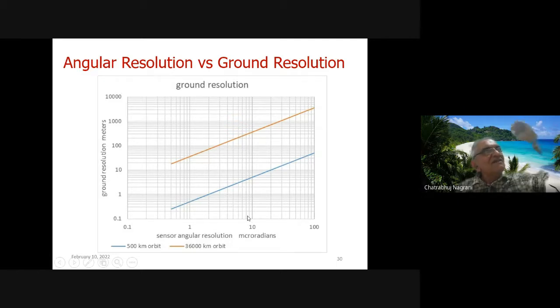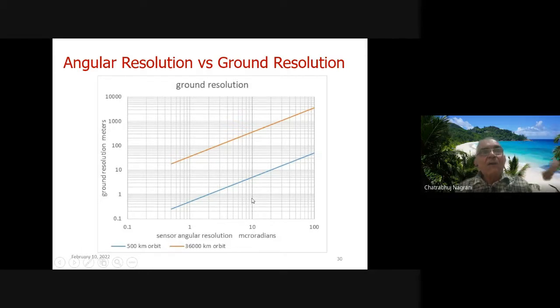One is at 36,000 kilometers, the other is at 500 or 600 kilometers. At 500 kilometers, 1 microradian will give 0.5 meter resolution. But when I take it to 36,000, for 25 microradian I will have a resolution of 1 kilometer.